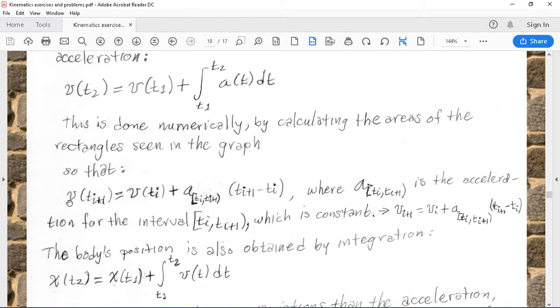The velocity at a certain time is equal to the velocity of a previous time, plus the acceleration for the time interval that includes both of these times, times the time difference between these two times.